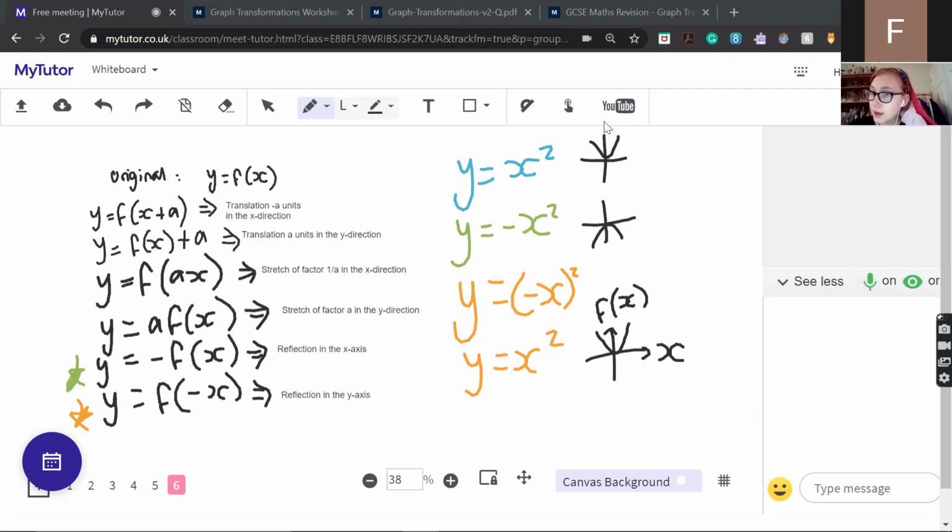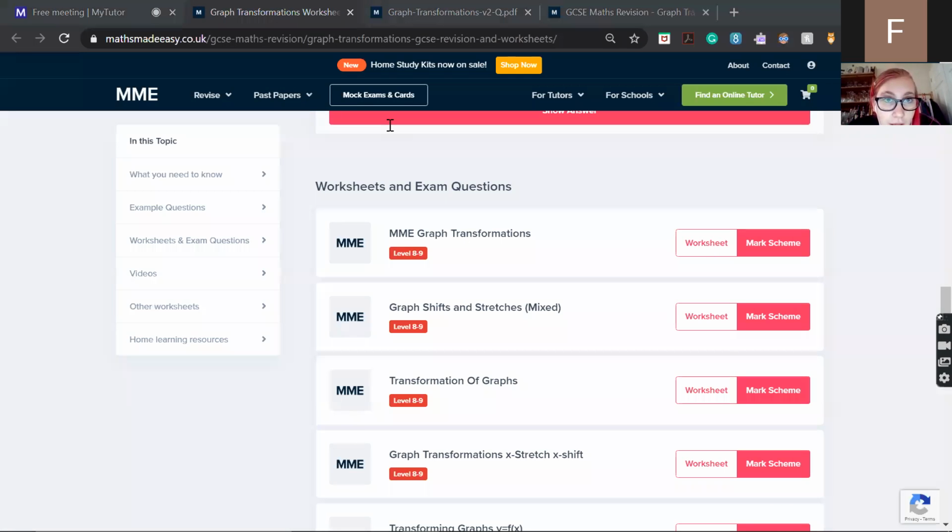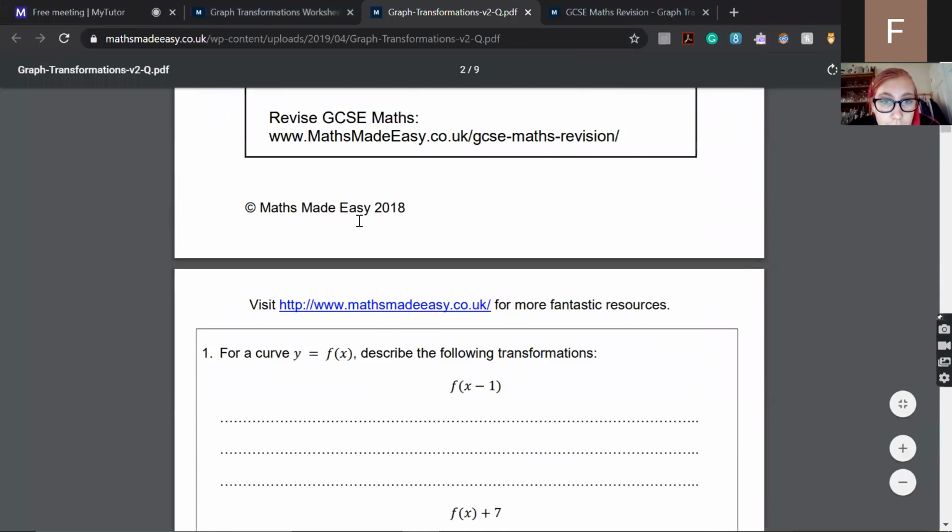For example, someone asked, does this apply to Edexcel, Pearson exam board? Yes, I'm pretty sure this content should be universal across all the exam boards. But check your specification: search for transformations and it will tell you. Please do put your questions in now. It can be about stuff that we did at the beginning of the lesson, and so on. That's just while I get up some of the questions that I want to do.